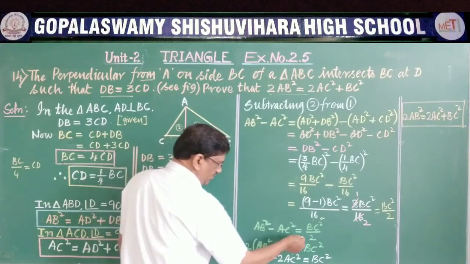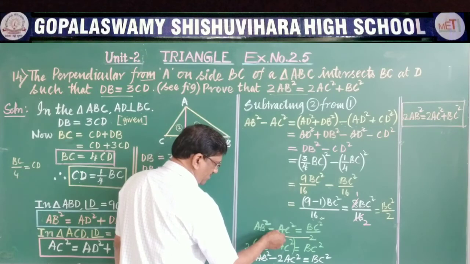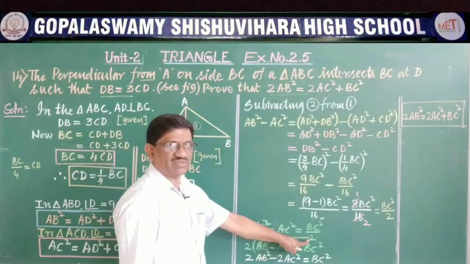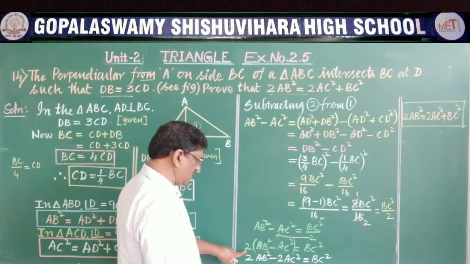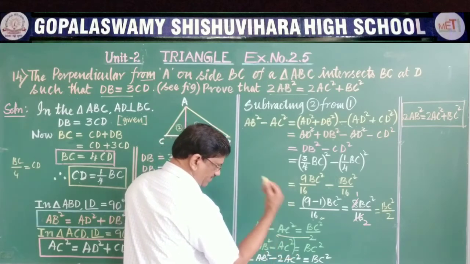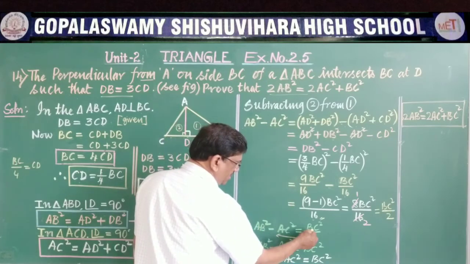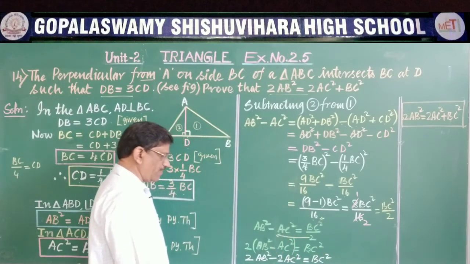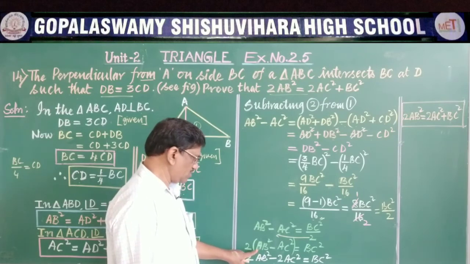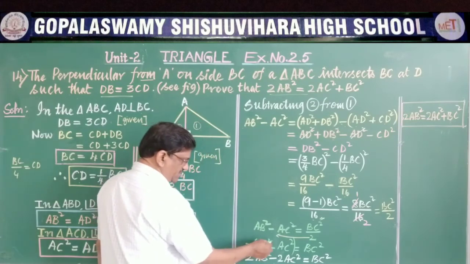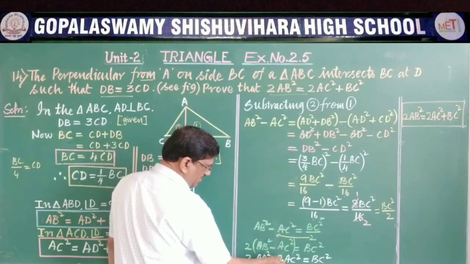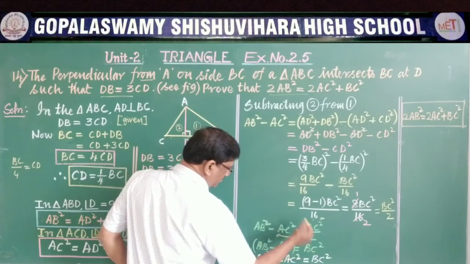You send this 2 to the left hand side of equals. Then the denominator, that is division, becomes multiplication. As a result, it becomes 2 into AB square minus AC square is equal to BC square. Now open the bracket by multiplying by 2: 2AB square minus 2AC square is equal to BC square.